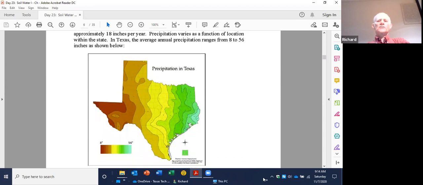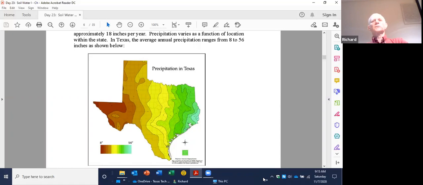If you look at the state of Texas, you'll see bands that almost run vertically that have different rainfall. 56 inches in the very southeast US. And then as we march westward through the state, we have less and less precipitation.